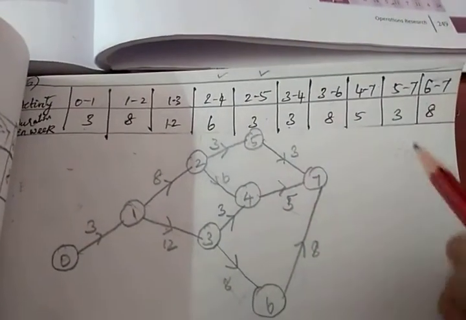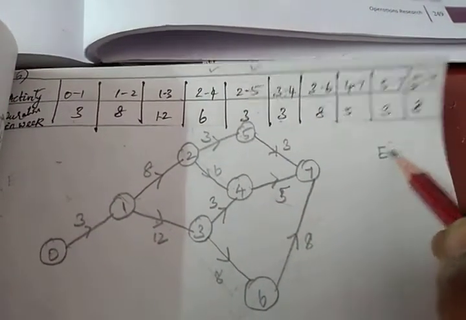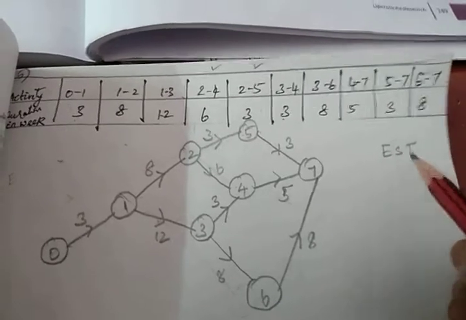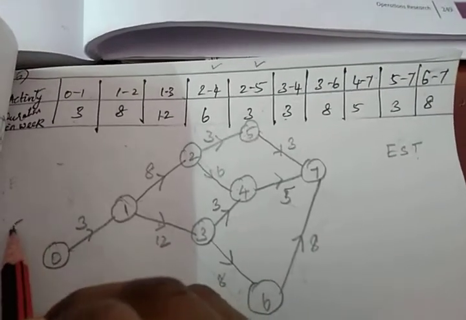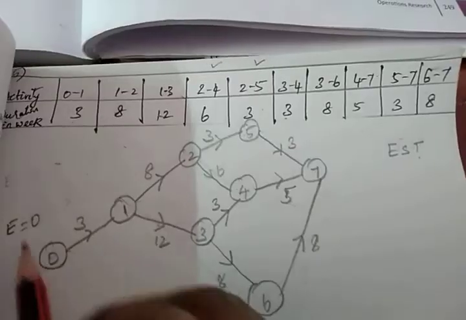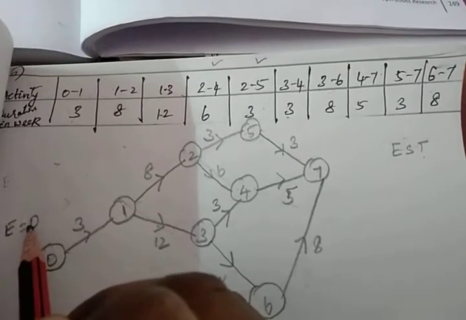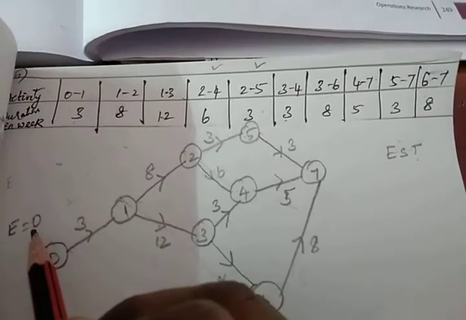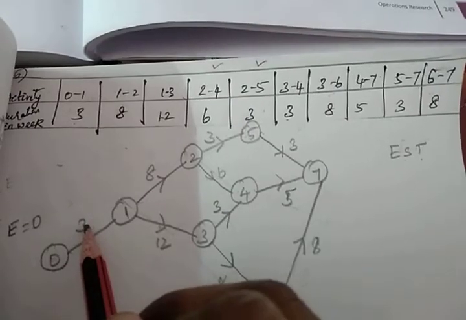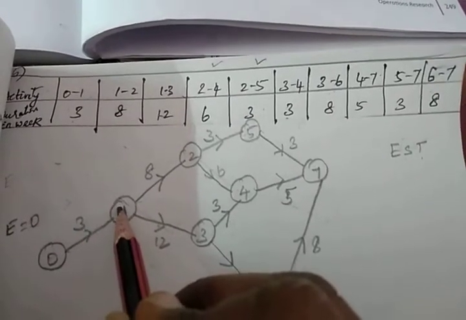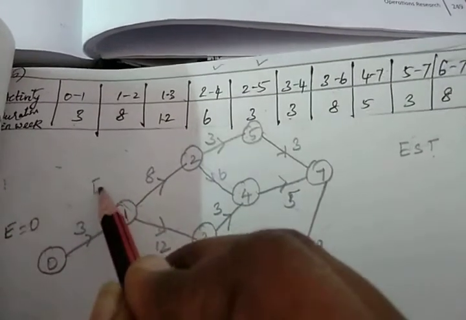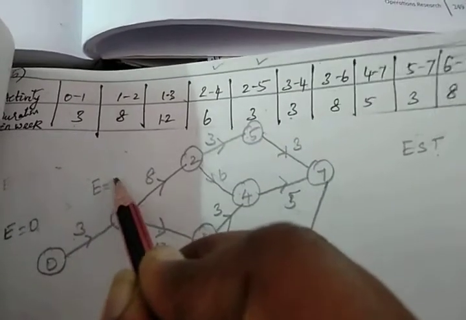We have to find out the earliest starting time, EST. Earliest starting time will be designated by E. At the initial node, the earliest starting time will be 0. Now you have to add the earliest starting time with the duration to get the earliest starting time of the next node. 0 plus 3 it is 3.